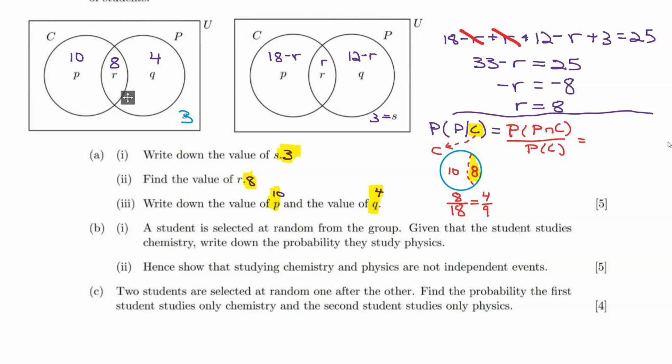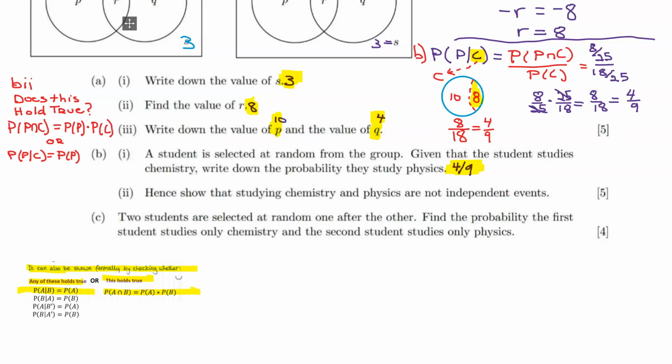The probability of the intersection is 8 out of 25 students, so my numerator would be 8 out of 25. And my denominator, chemistry, is 18 out of 25. Then when you simplify that, either way, you can do it using the formula or you can do it using the Venn diagram.